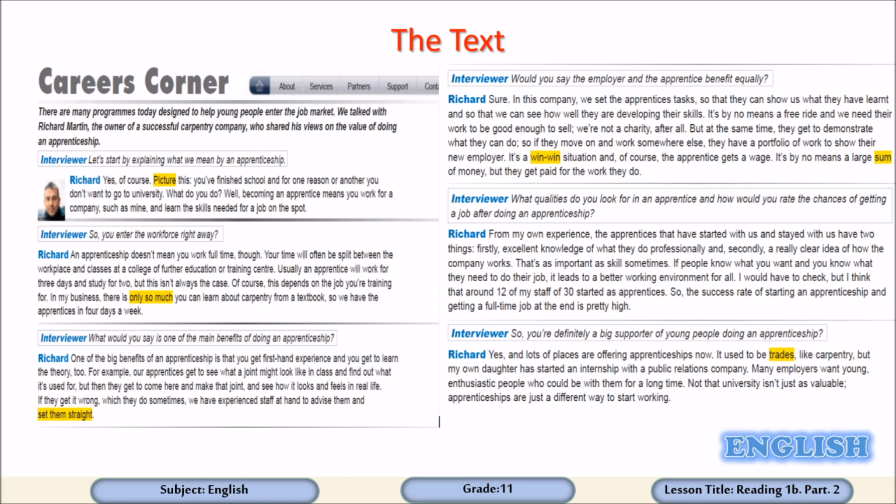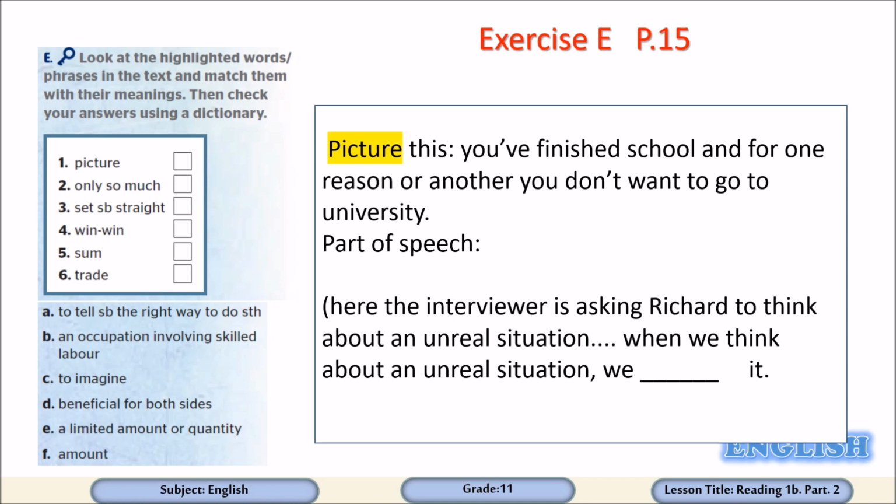The first word in this task is picture. You finished school and for one reason or another you don't want to go to university. What part of speech is the word picture here? Yes, very good. It's a verb. What's the interviewer doing here?